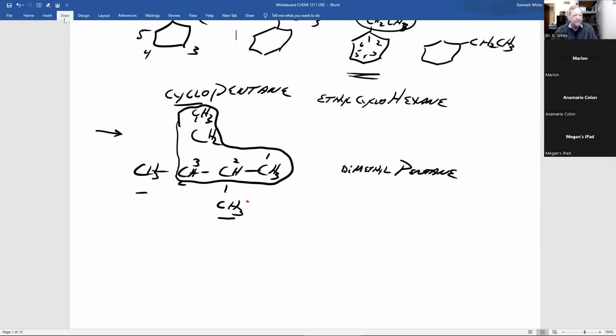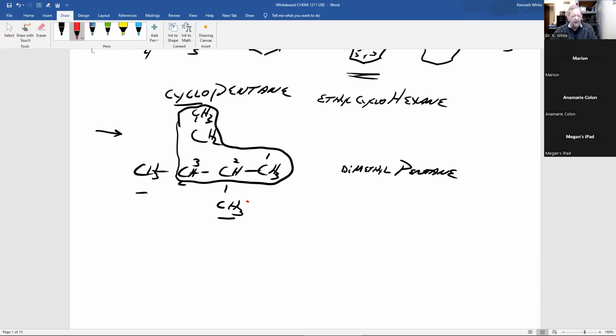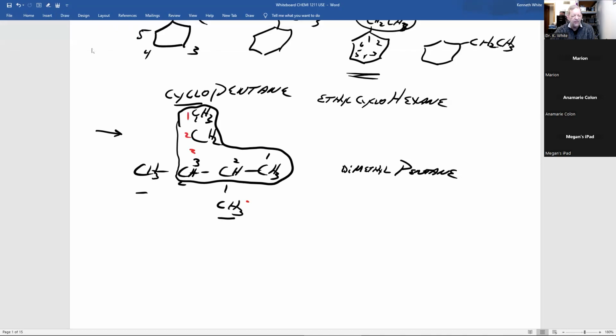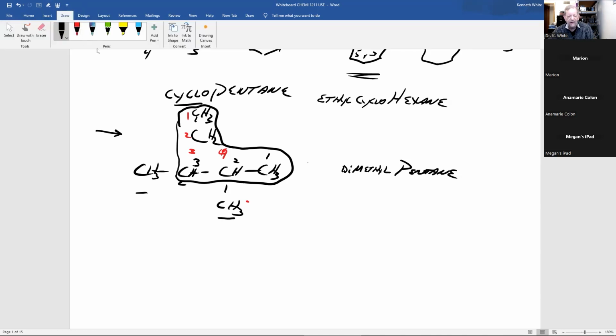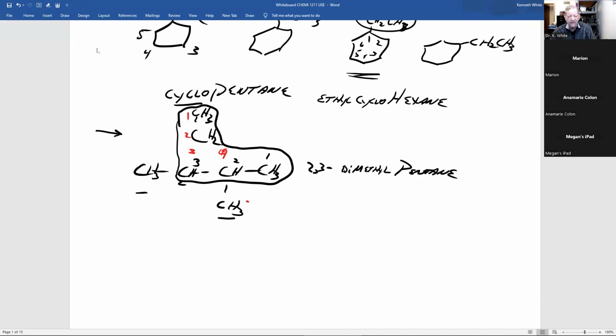If we start from here, 1, 2, 3, 4. Which are smaller numbers, 2 and 3 or 3 and 4? And time's up, 2 and 3. So this would be 2,3-dimethylpentane. And you should know how to find the longest chain.